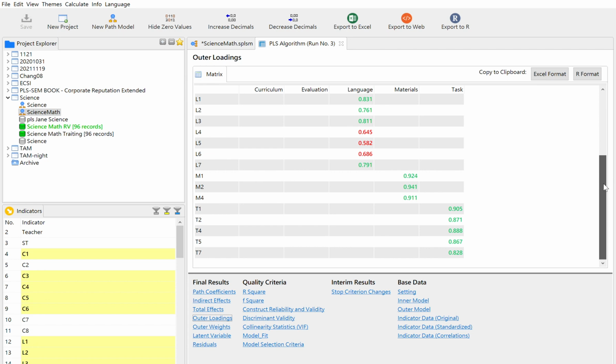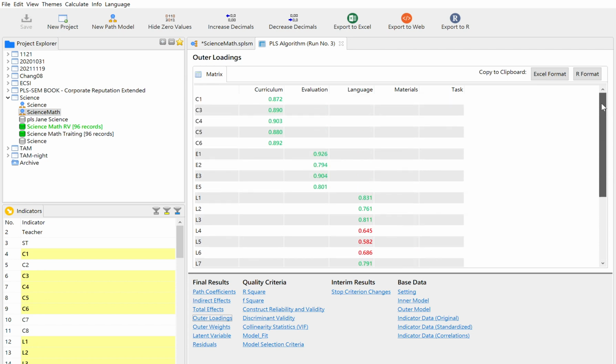Because for SPSS, we couldn't have very clean-cut results like this one that I'm showing on SmartPLS, and that is one of the reasons why I chose SmartPLS.